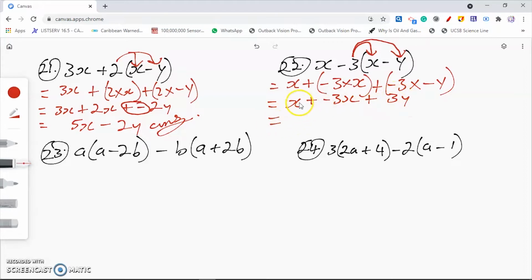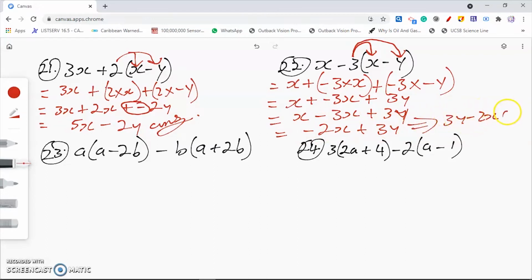So we get x minus 3x plus 3y. And that would give an answer of negative 2x plus 3y, which is the same as 3y minus 2x. And that's our answer there.